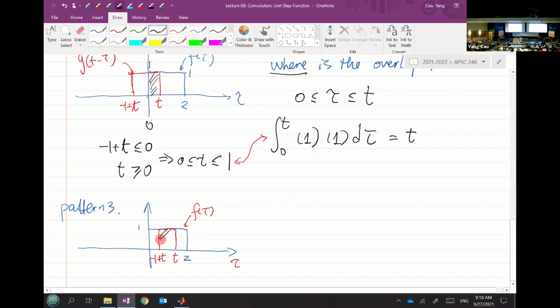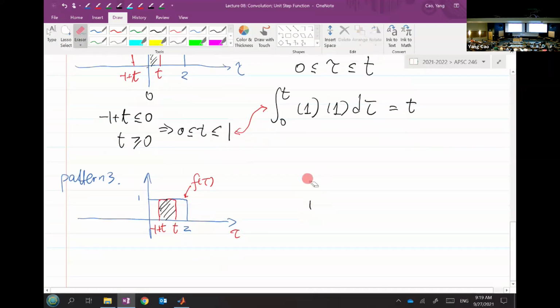Overlap apparently happens underneath this small box. Because that's the only portion that gives you non-zero multiplication of f of tau times g of t minus tau. So your overlap happens from -1 plus t to t. So overlap occurs within tau from -1 plus t to t.